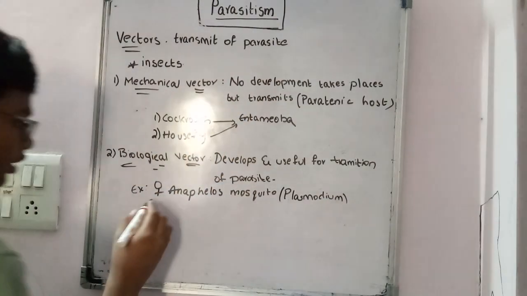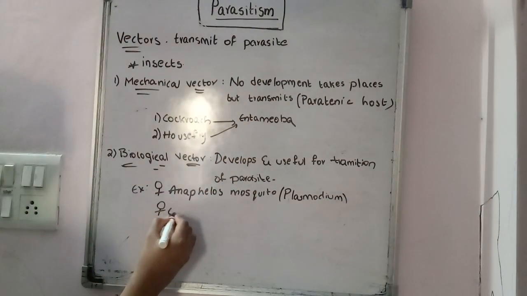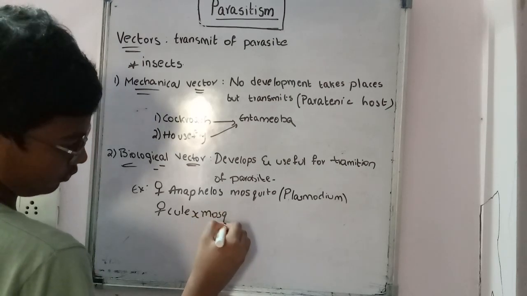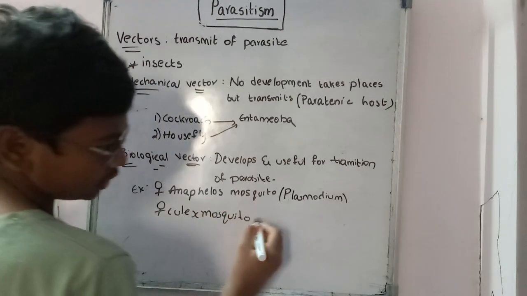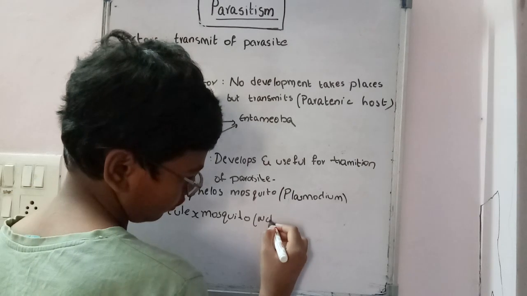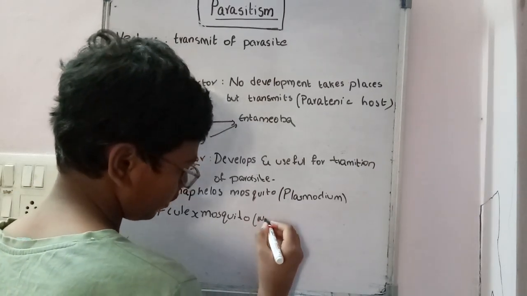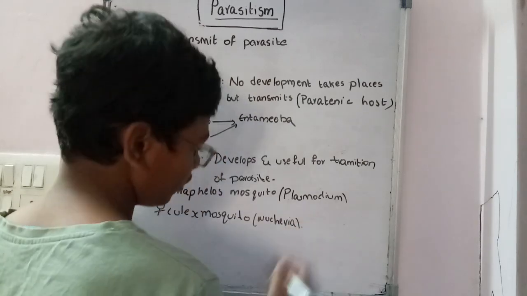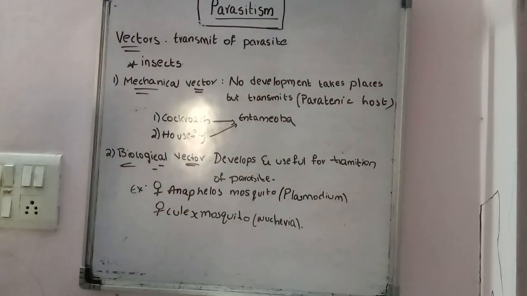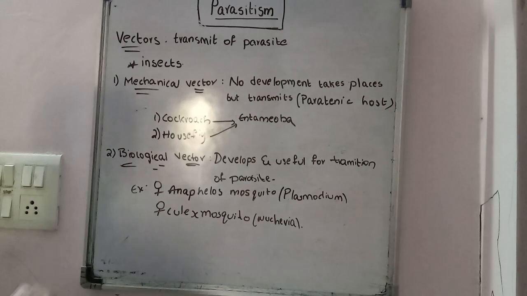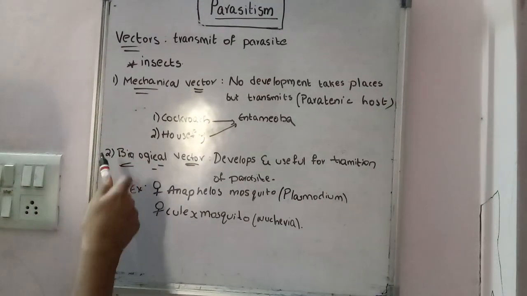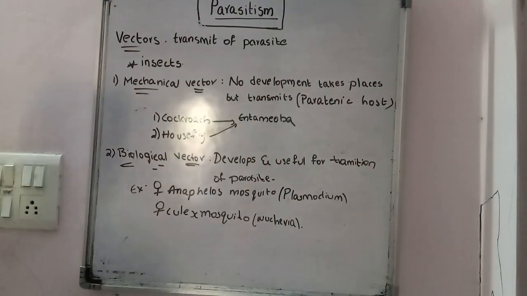The next one you see is the female Culex mosquito, and this is for Wuchereria. So this is how biological vectors and mechanical vectors are divided. With this, we completed the topic of what is a host and the types of hosts.